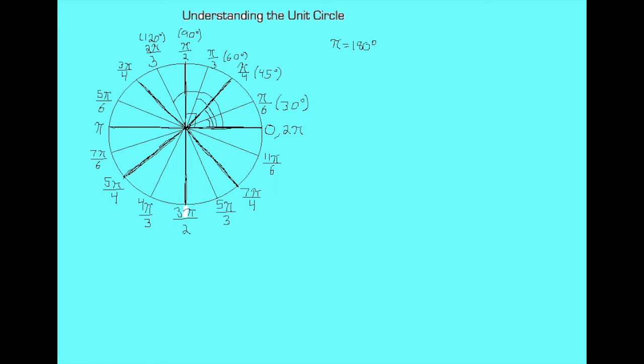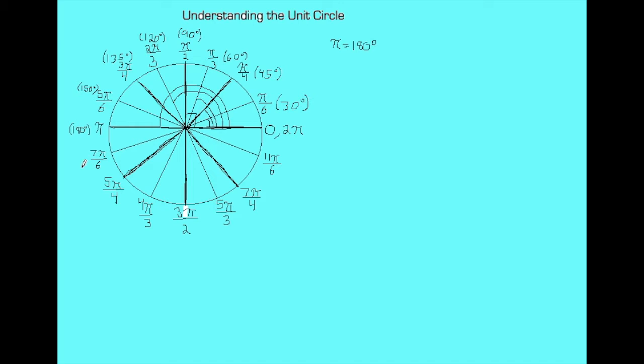Now we will look at 3 pi over 4. 3 times 180 divided by 4 equals 540 over 4, which equals 135 degrees. 5 pi over 6 equals 5 times 180 divided by 6, which equals 150 degrees. Pi equals 180 degrees, so this whole angle is 180 degrees.